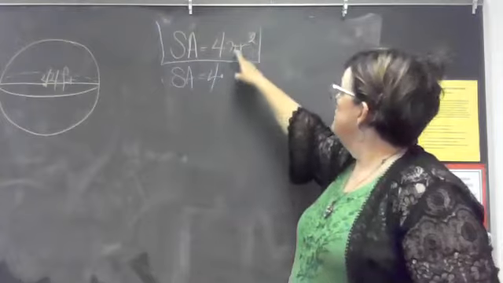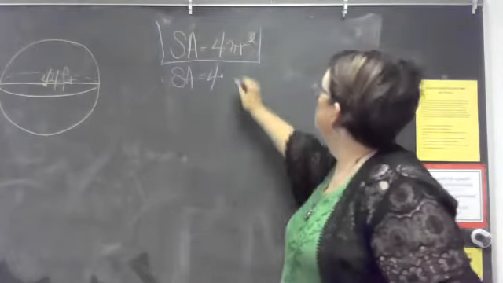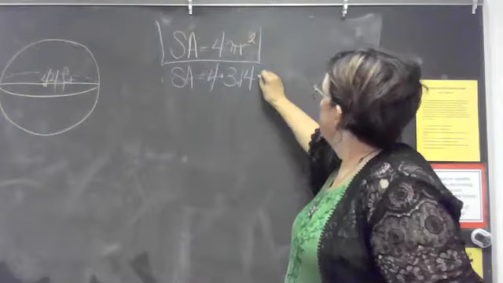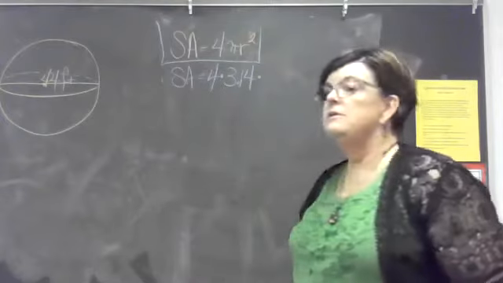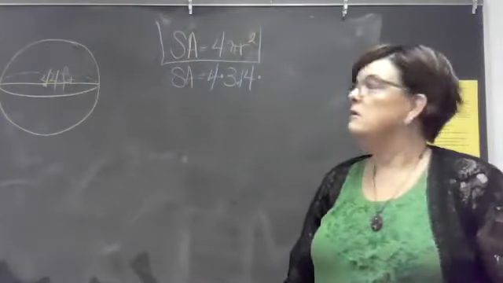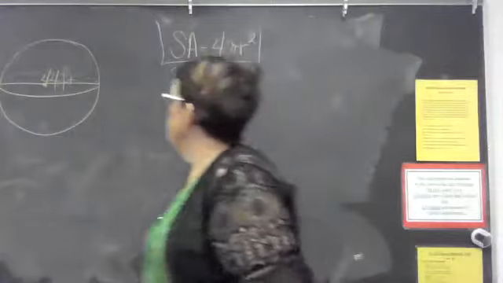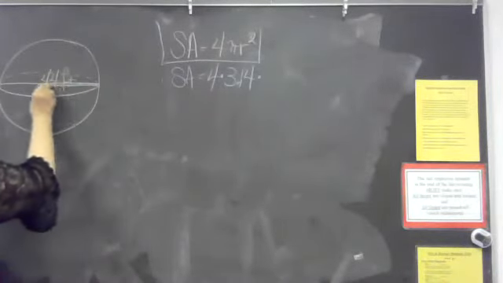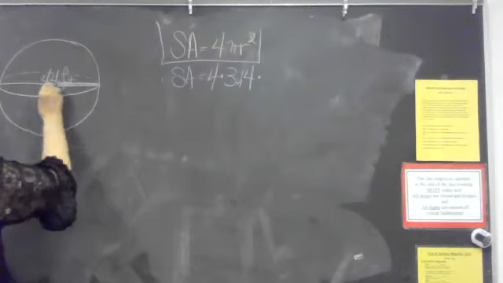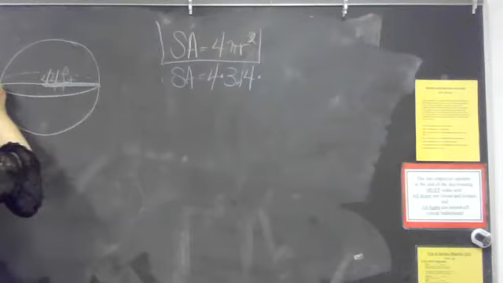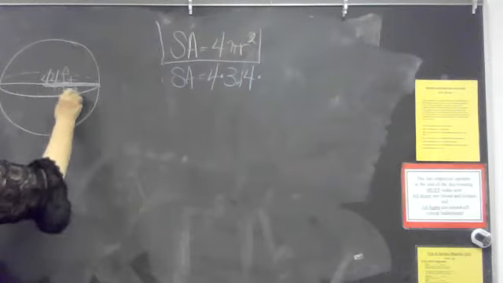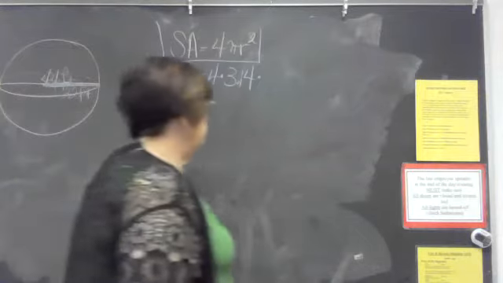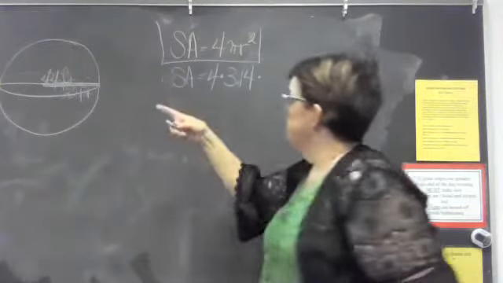Our instructions say to use 3.14 for pi. So I have 3.14 times, and I need the radius. What's the radius? 22. Good. The picture shows 44, but the radius is only halfway across. 44 is the diameter, so 22 feet is the radius. Now you've got to be careful because I guarantee they'll do it on the test.